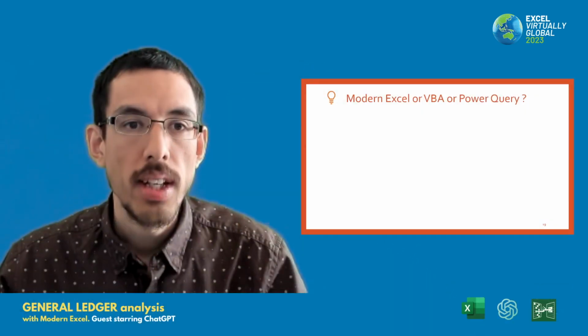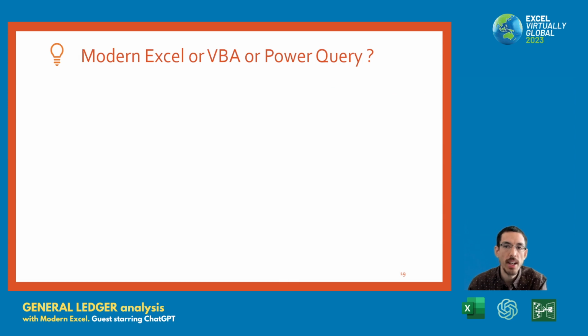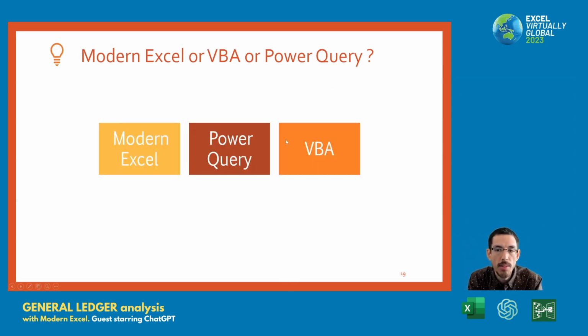And these functions are really complementary to VBA or Power Query, because obviously in our demo here we could very well have done it with VBA or Power Query, but it would have required more programming time, more tryouts. Here we have the functions and they work immediately without errors.